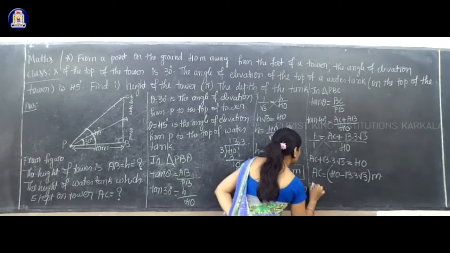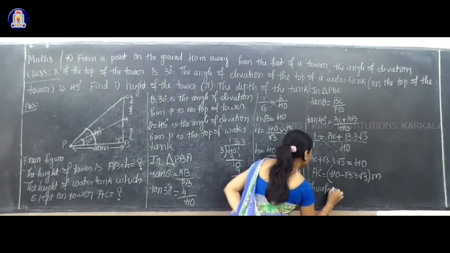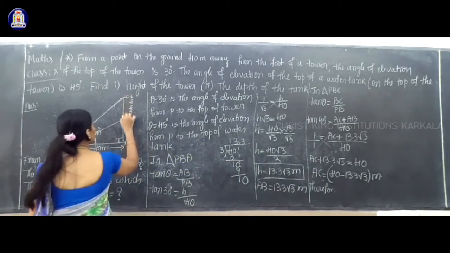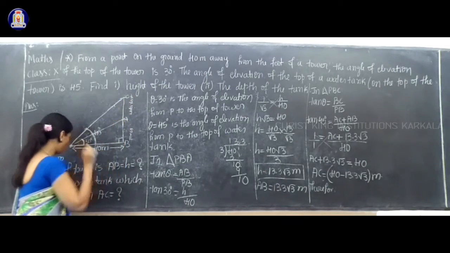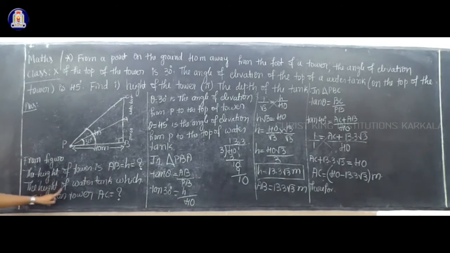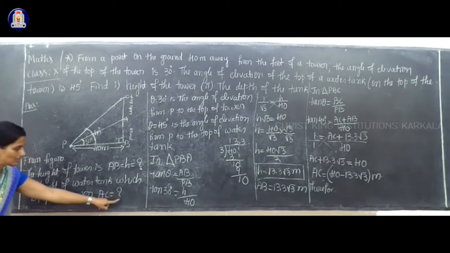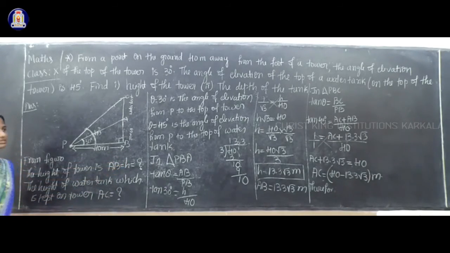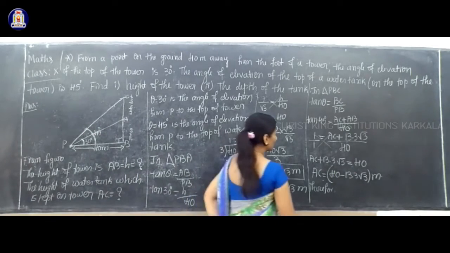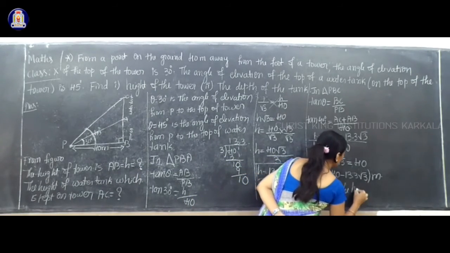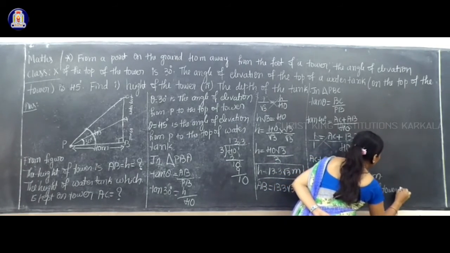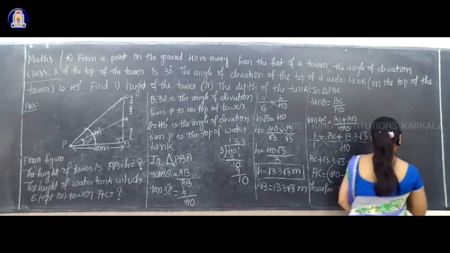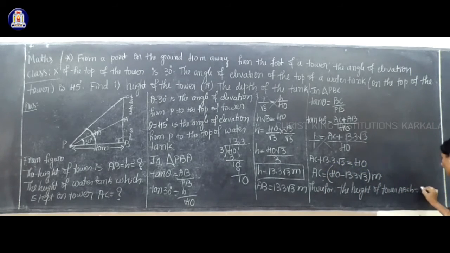So the conclusion is what? Therefore, what is the AC? AC is the water tank, that means the depth or height of the water tank. Here itself I put the height of the water tank is AC, that is the question mark. So we got AC, now write the conclusion. Therefore, the height of the tower AB, for which I gave notation h, is 13.3 root 3 meter.